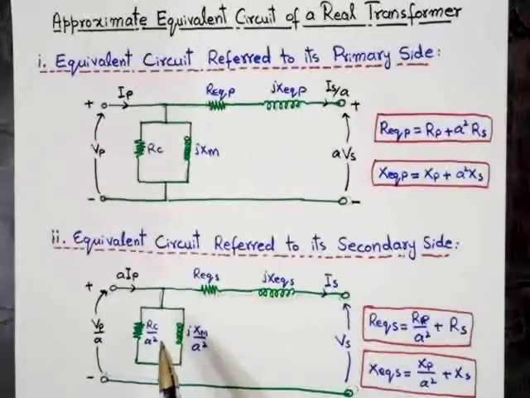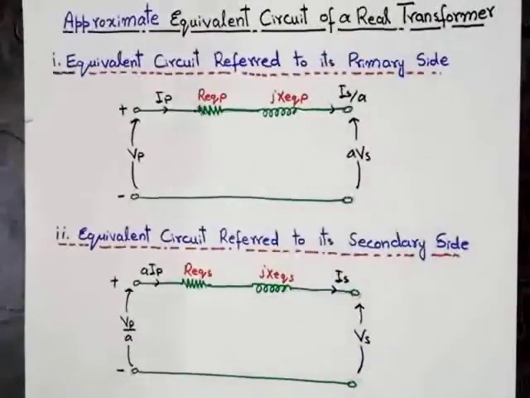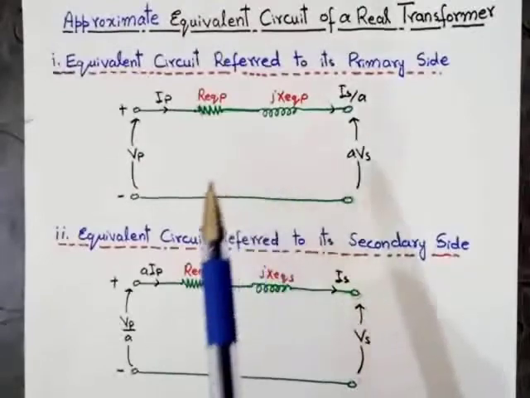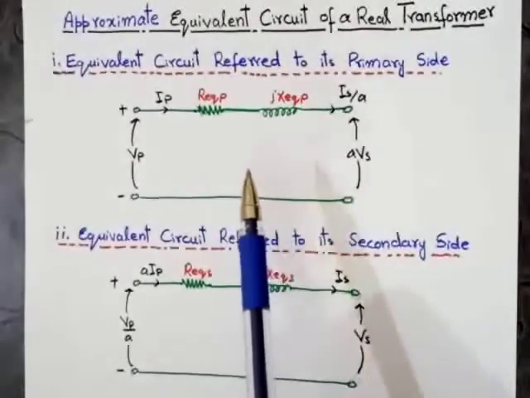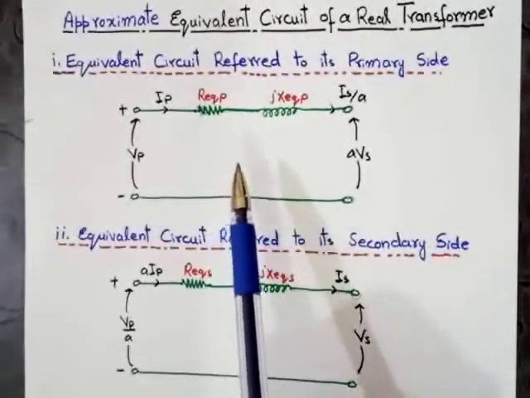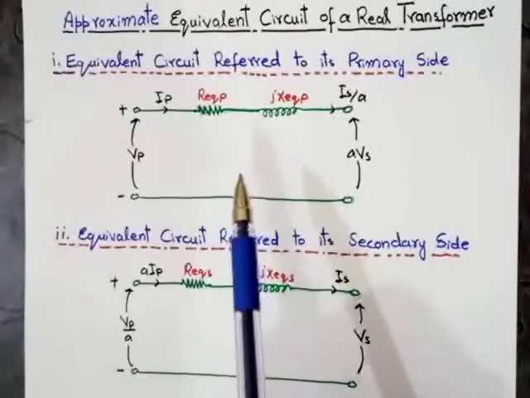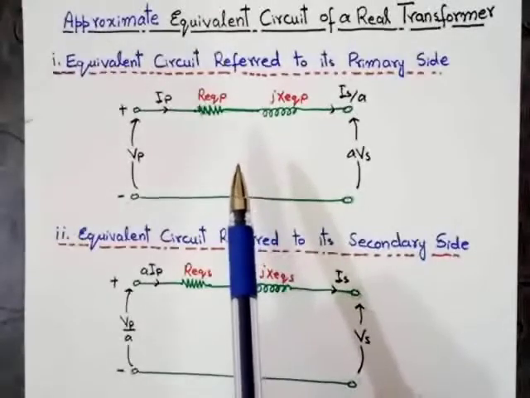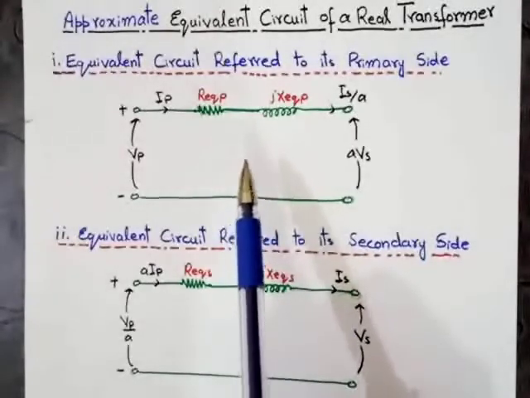If we neglect this branch, then the final approximate equivalent circuit of the real transformer will be like this. In this equivalent circuit, we just remove RC and XM, because the effect of RC and XM is very small or nearly zero. That's why we can neglect the core elements, that is RC and XM.